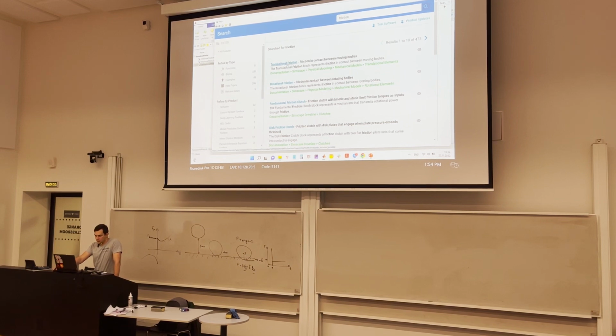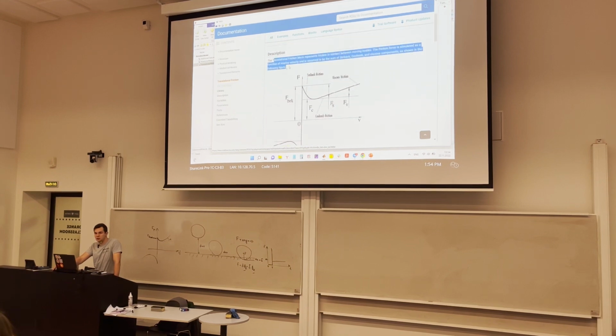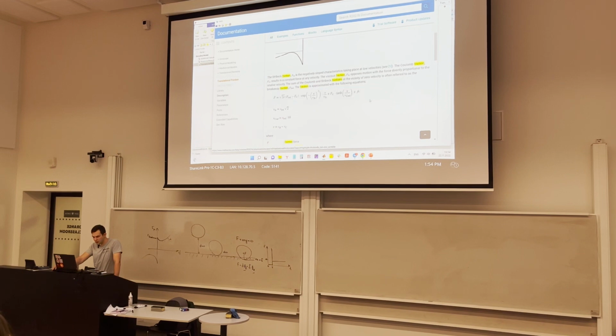Okay, so here you can see that there is a block called translation friction, rotation friction. We can choose translational friction, and here you can see pretty much the same picture. I took it from here, but you can also see the whole description of how these blocks work, and an equation that computes the force.